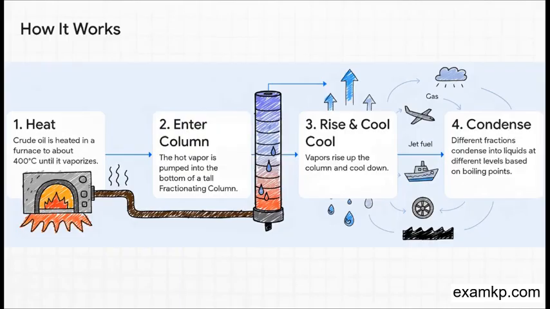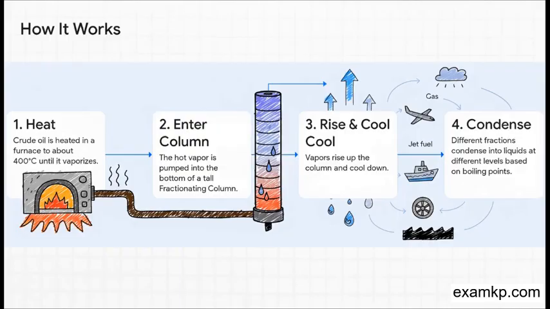So as all those different vapors start to rise, they cool down. The ones with really high boiling points, the heavy guys, can't handle the cold, so they turn back into liquid, or condense, and get collected on trays near the hot bottom. But the lighter guys, the ones with low boiling points, just keep on rising, climbing higher and higher to the cooler parts at the top before they finally condense.